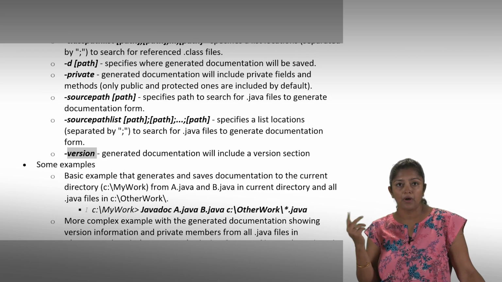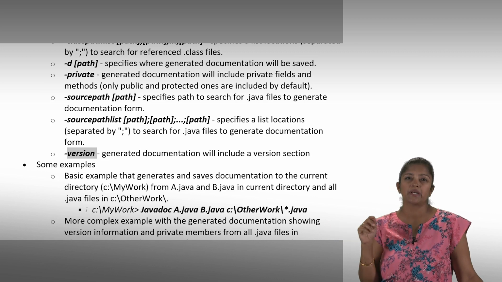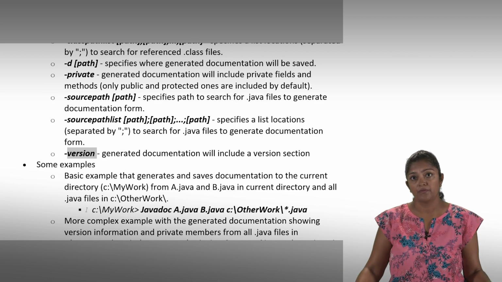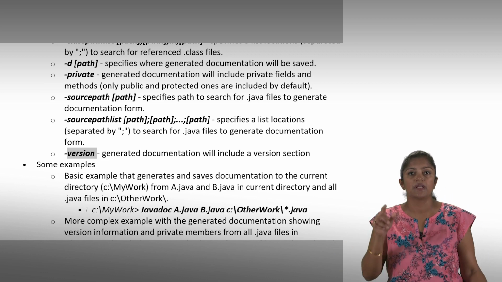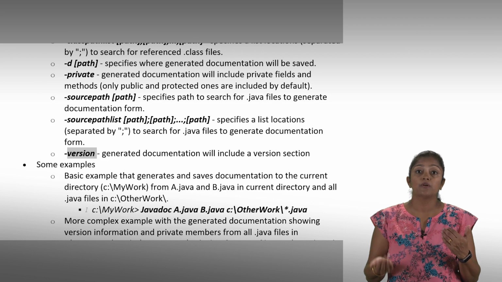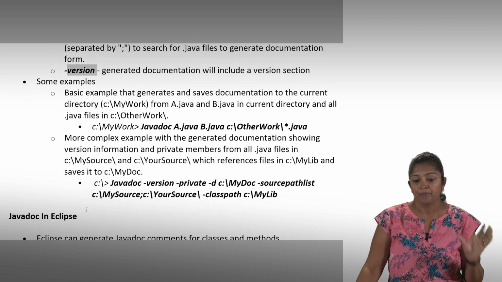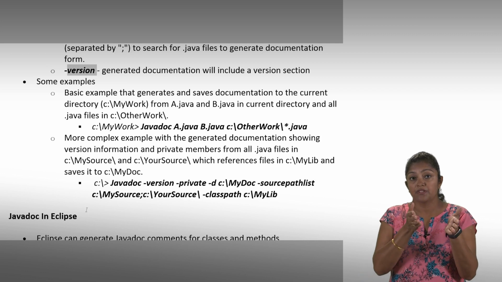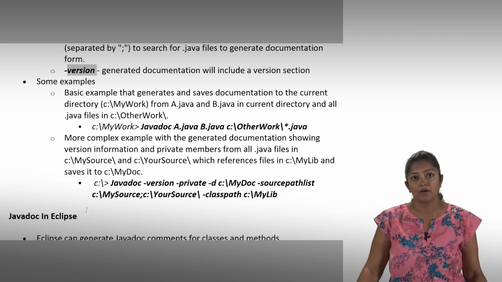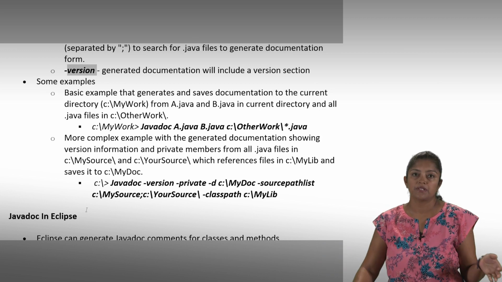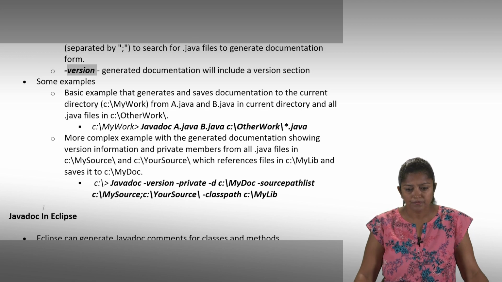Do you want to include the author section? Do you want to include the version section? It gives you those options using a user interface, and you just select them on the form. And then you can also specify the location of where you want the generated documentation to be saved.